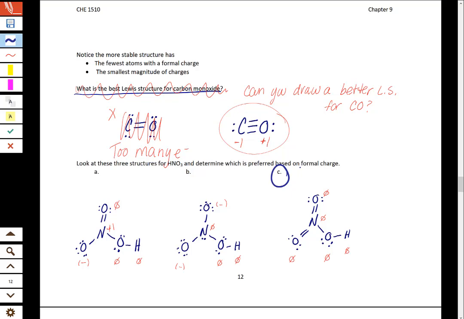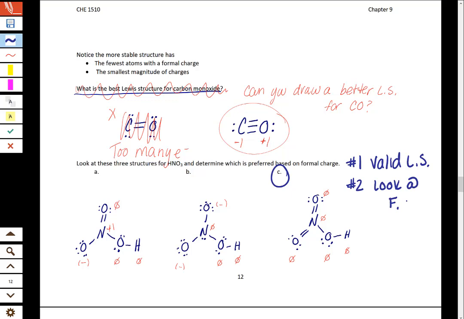So this question is in here because of this common pitfall. What you want to remember is that before formal charge kicks in, the number one most important thing is to draw a valid Lewis structure. Then number 2 is to consider formal charge.